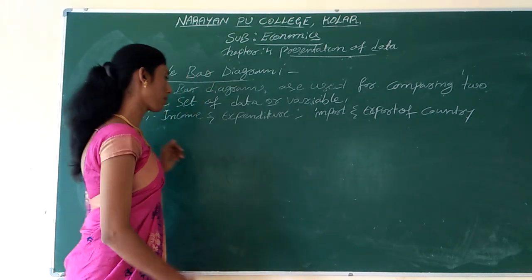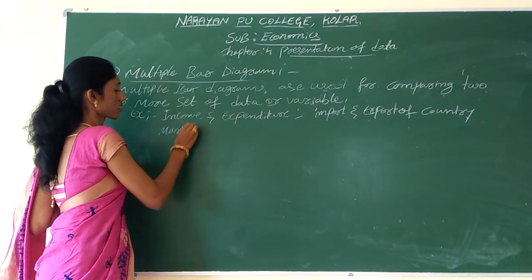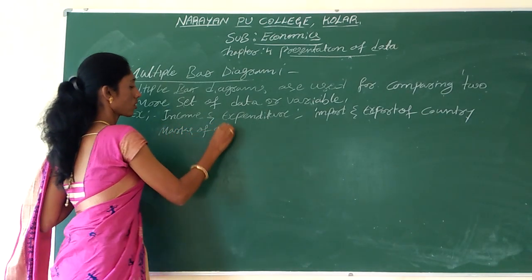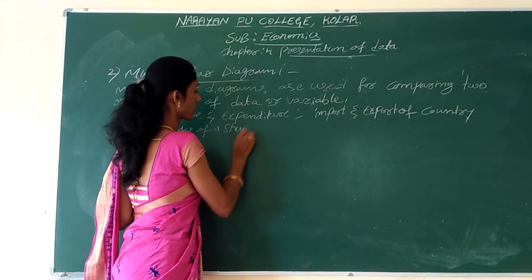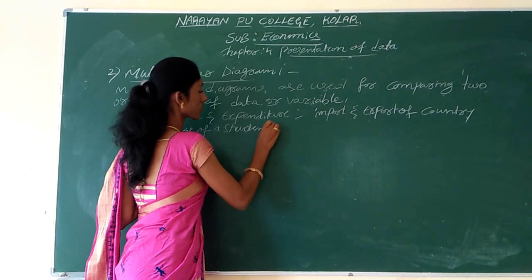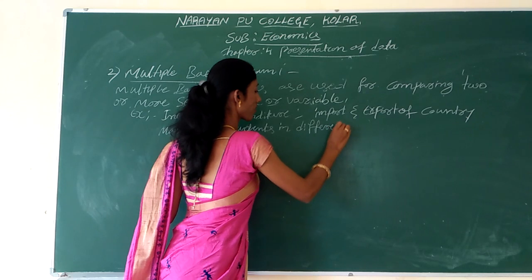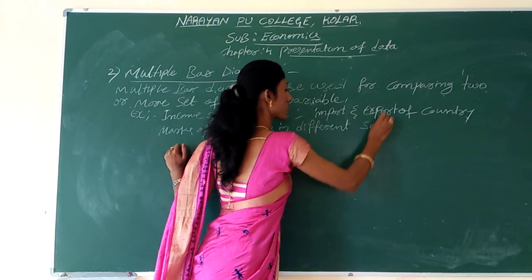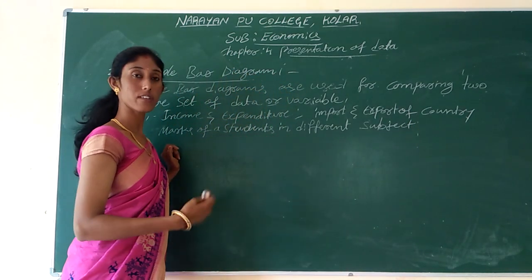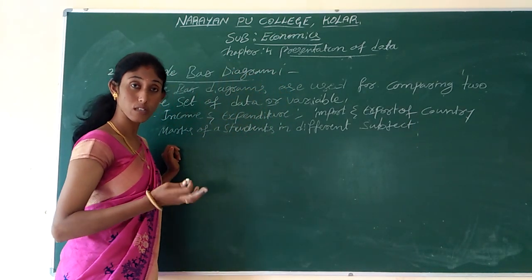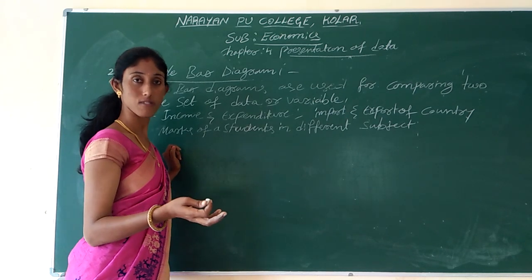Then we use a multiple bar diagram, or else the marks of students in different subjects. Different subjects may mean two subjects or three subjects, or it may include 5 or 6 subjects, right?